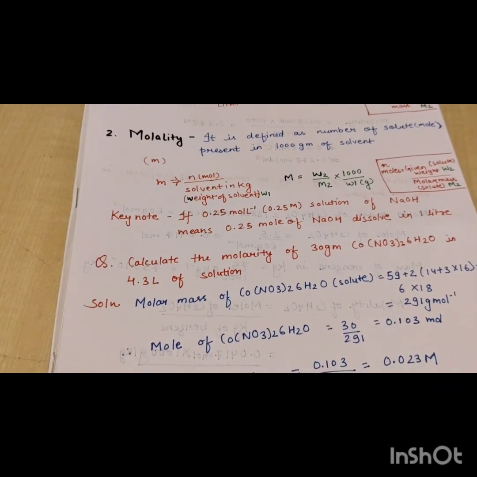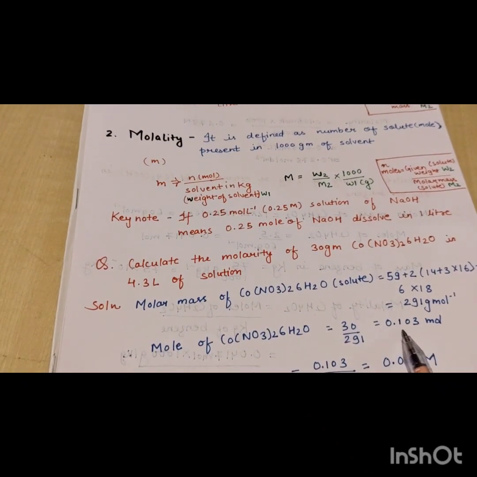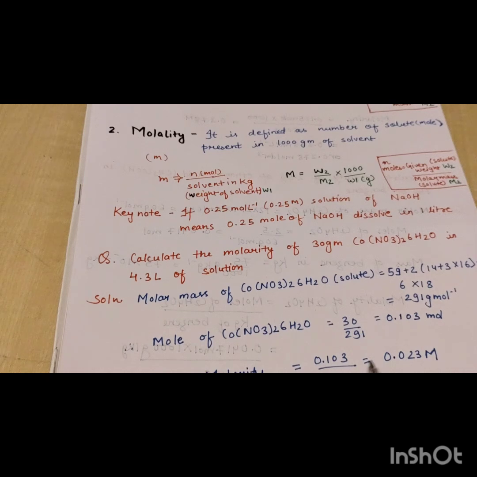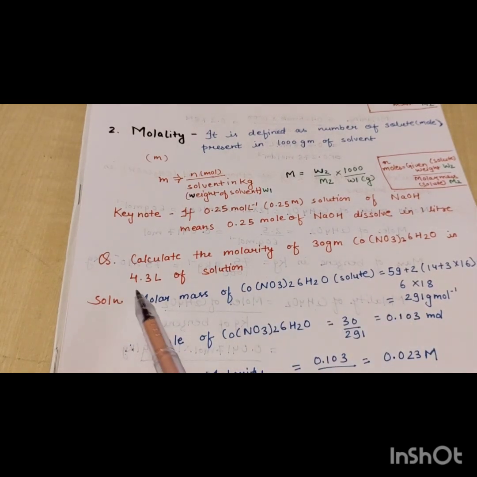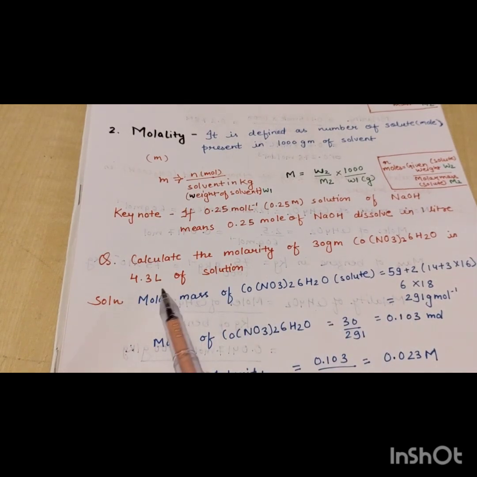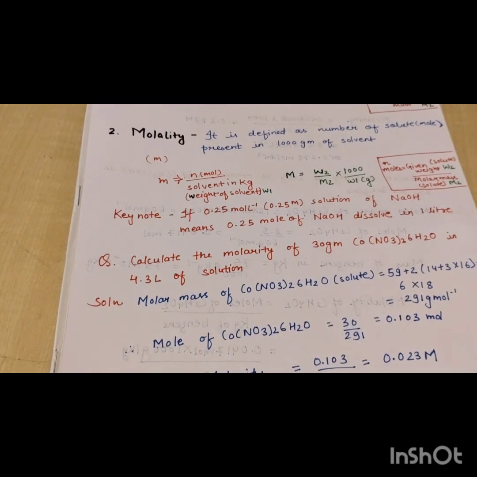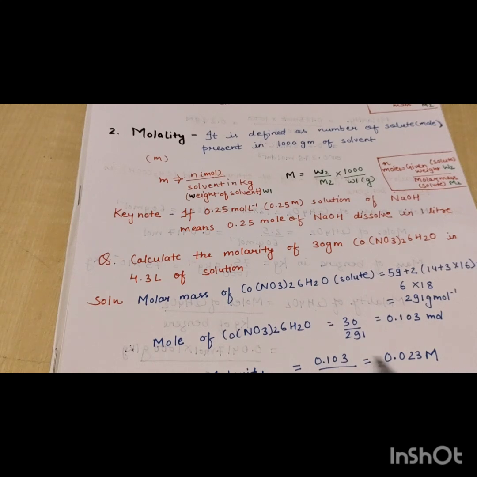Here the number of moles is 0.103 mole, dissolved in 4.3 liter of solution. By dividing we get 0.023 molar. So this is how we can calculate molarity.